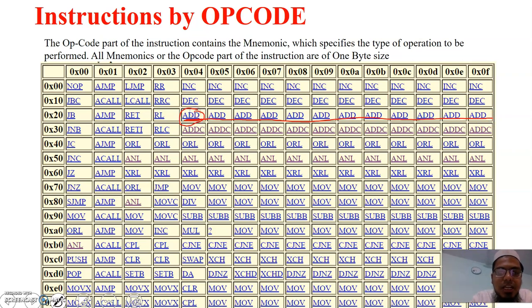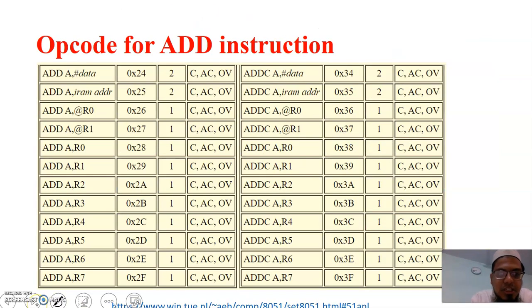The first ADD is associated with the numbers 2 and 4, so the opcode for this ADD will be 24H. Similarly, the opcode for this ADD will be, since this is 2 and this is 5, 25H and so on. It becomes more clear if we see the next slide.